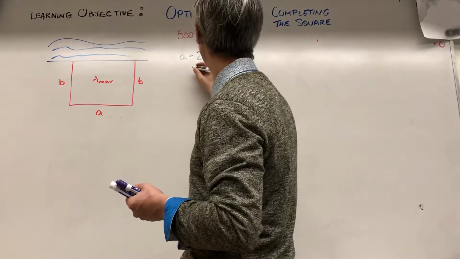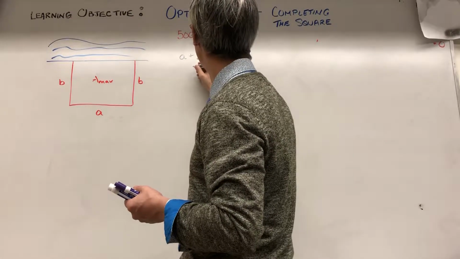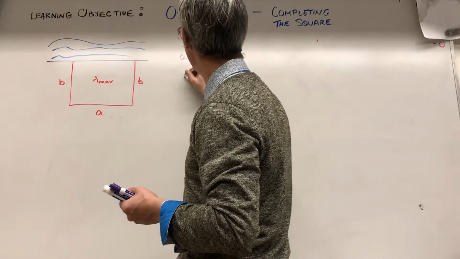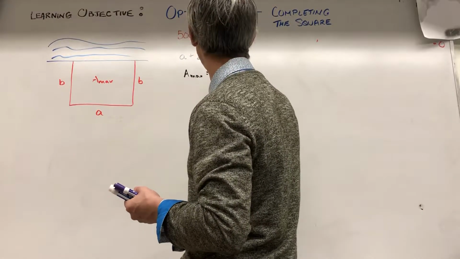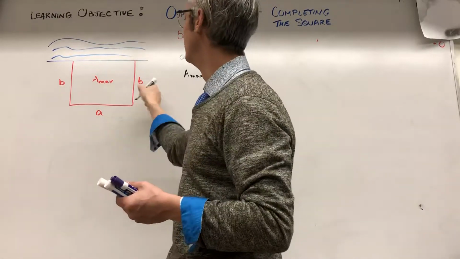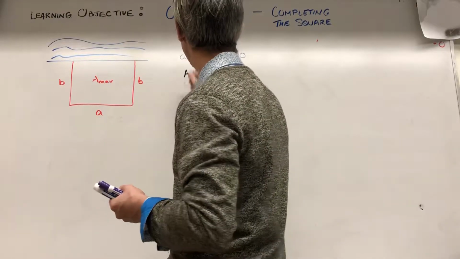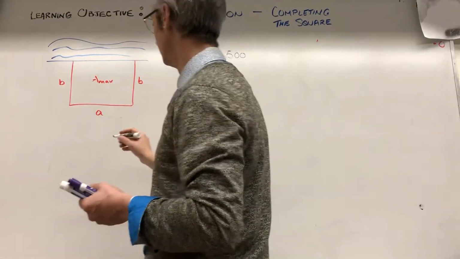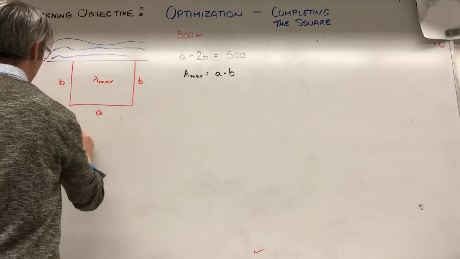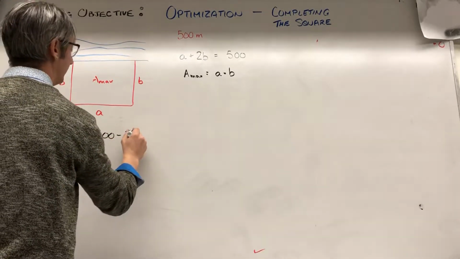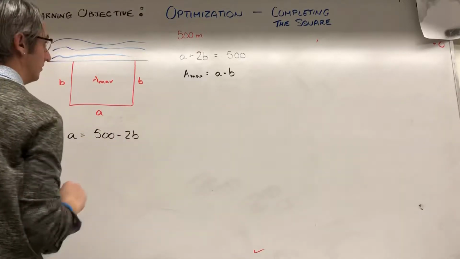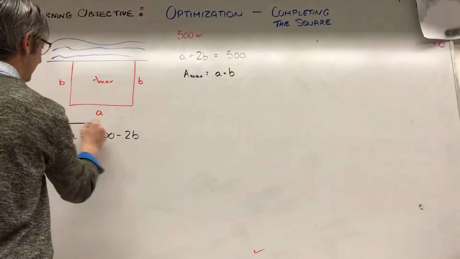So we get that. And then the other part is A max is equal to A times B again. This is still going to give us our area. So let's solve for A in this one. A is equal to 500 minus 2B, and that's our formula for A here.